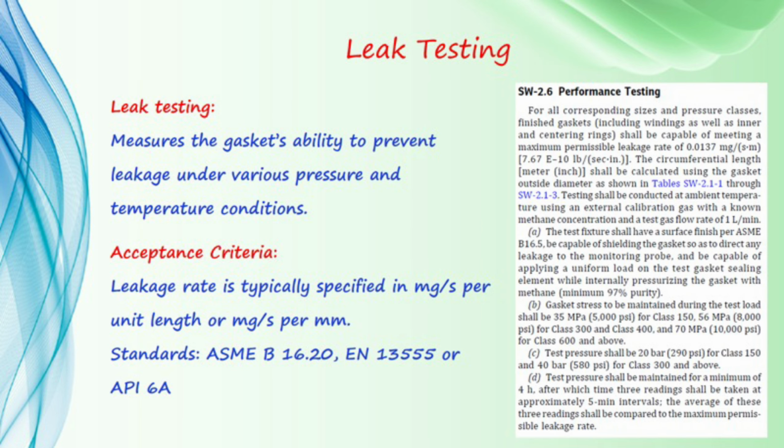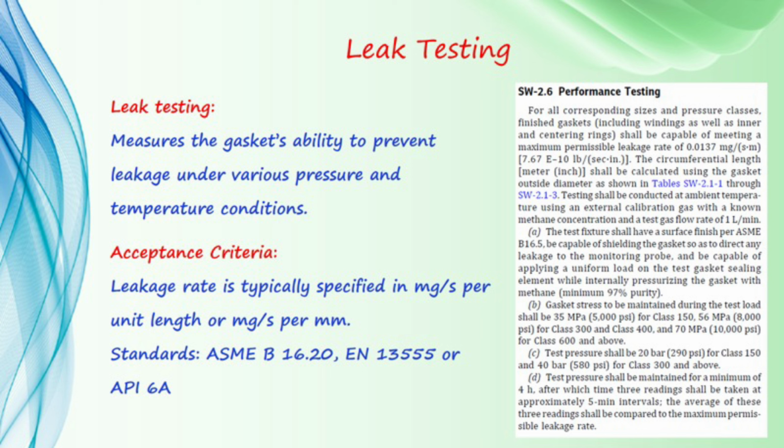Here we will see the leak testing of the spiral wound gasket. It is one of the performance testings, and the reference I have shown is from the specification ASME B16.20 clause SW spiral wound gasket 2.6 performance testing. Leak testing measures the gasket's ability to prevent leakage under various pressure and temperature conditions.